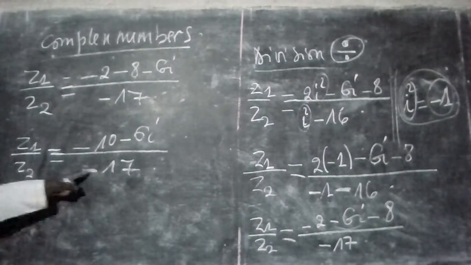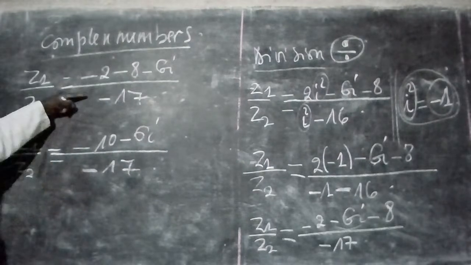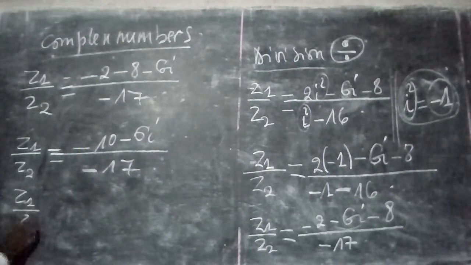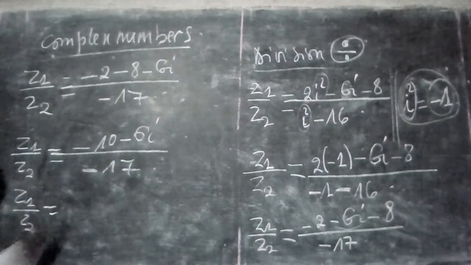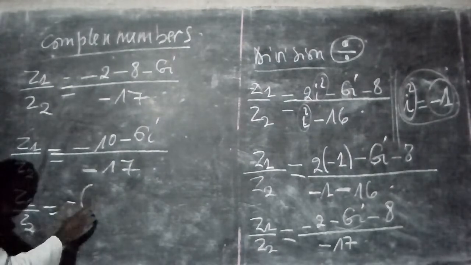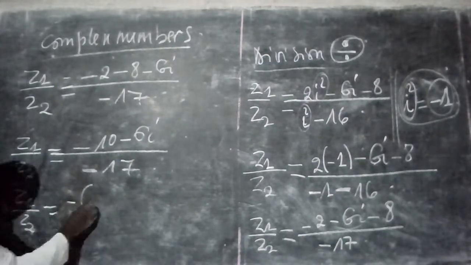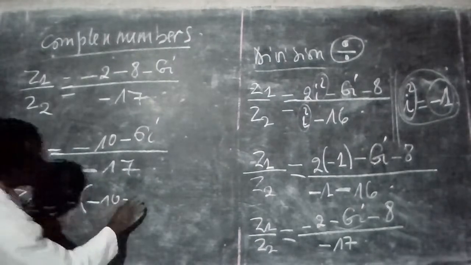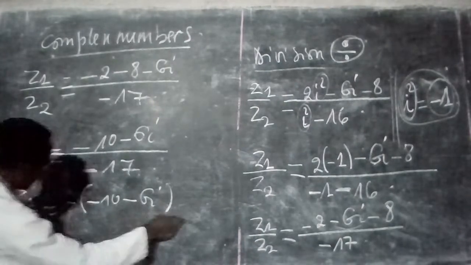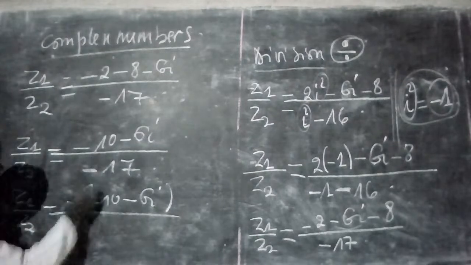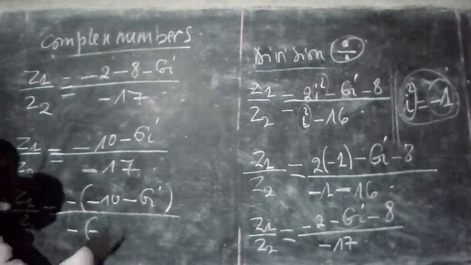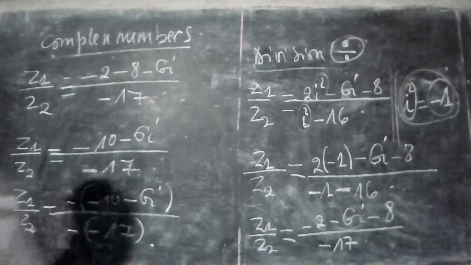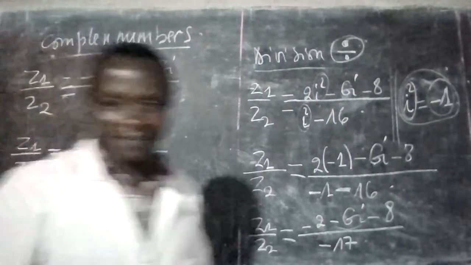We are going to multiply this minus above and down. It is Z1 over Z2, which is equal to, this minus, we remain with minus 10 minus 6I over, this is minus also minus 17. Finally, we remain with, are we together?